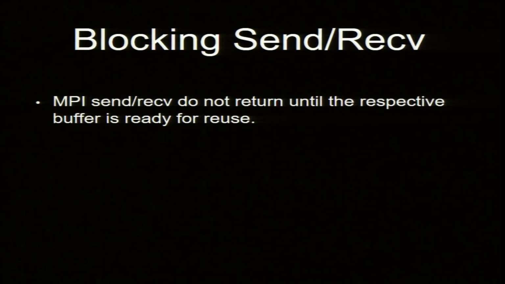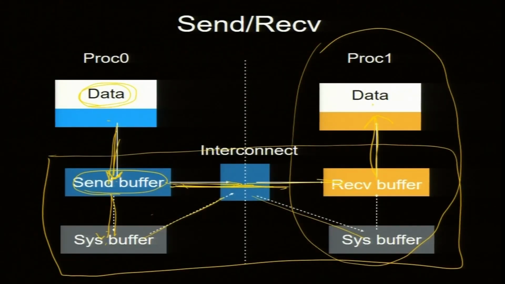Remember I had this buffer, if the buffer is not emptied, then send will just wait. Buffer is not empty, I do not know if the data will be sent or not, I just want to make sure the data is sent. It is safe programming, but in terms of time it is expensive, you have to wait for a long time.